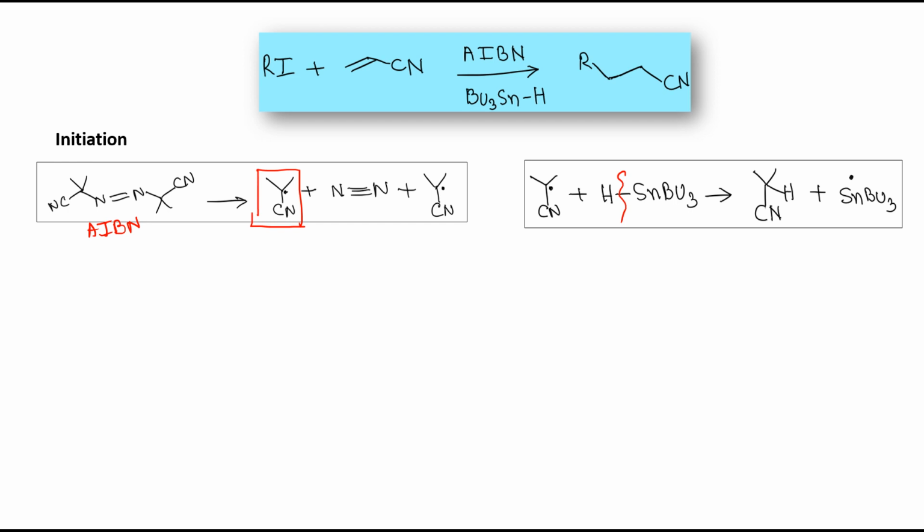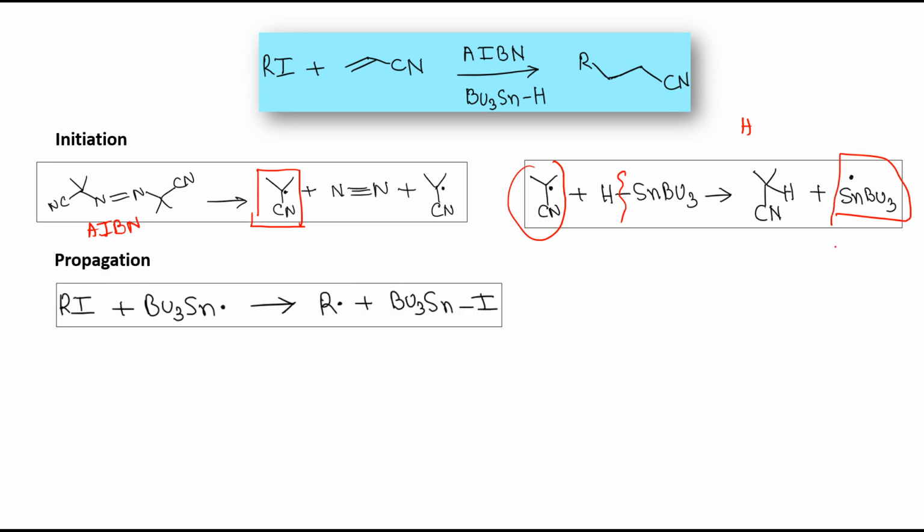So here we do not need a peroxide type of radical, which is obviously more reactive, and RO dot can break any type of bond where hydrogen is attached to some atom. But if a very weak bond has to be broken, then this is sufficient. We don't have to use peroxide. So in this case, we are getting this radical which will now take part in the propagation step.